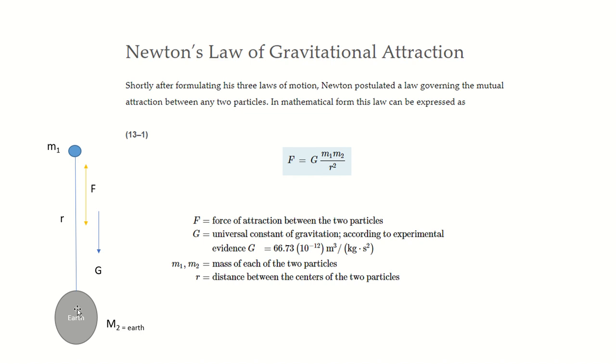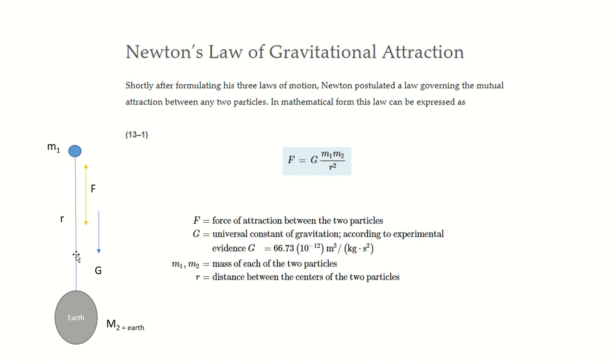So don't forget, some of the tricky questions would give a distance from here to here, but you have to understand the distance starts from the center all the way to the center of the next particle. So don't forget to add the radius of this and the radius of that to this distance.